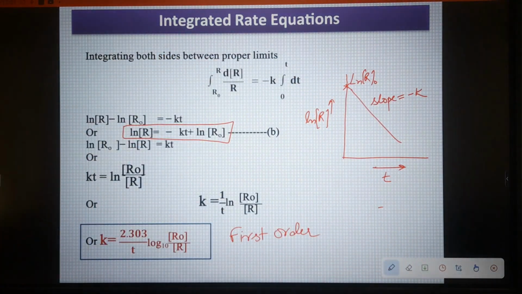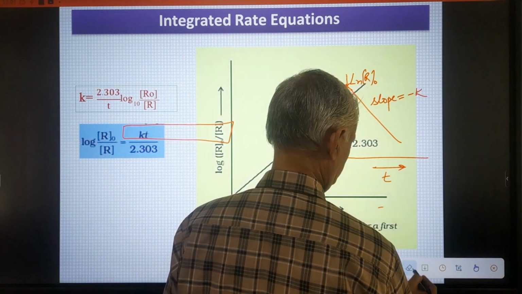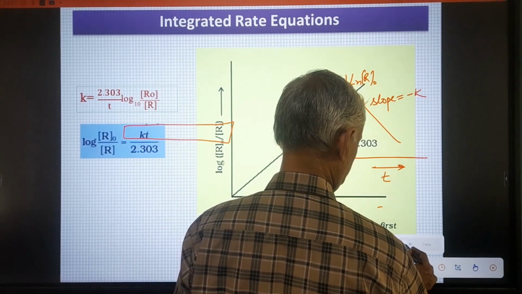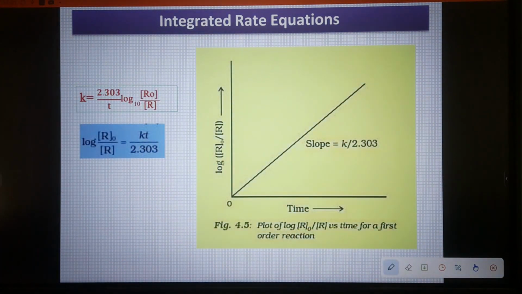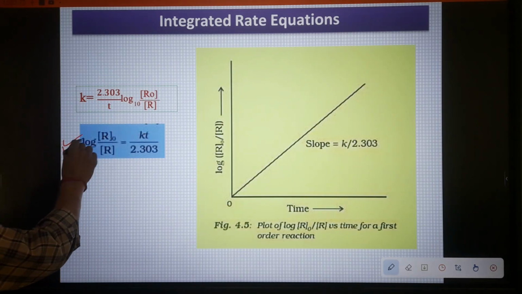In the same way, this was the equation which we derived for a first order reaction. Here we can also write this equation in this form.